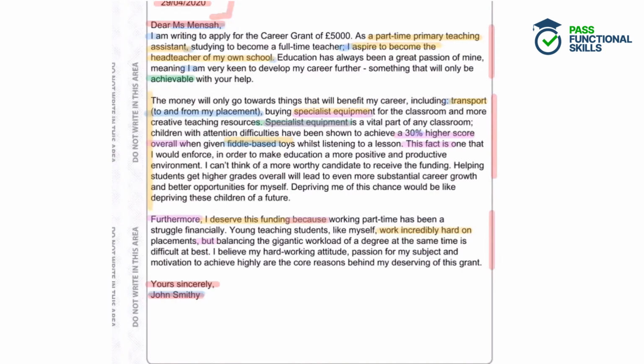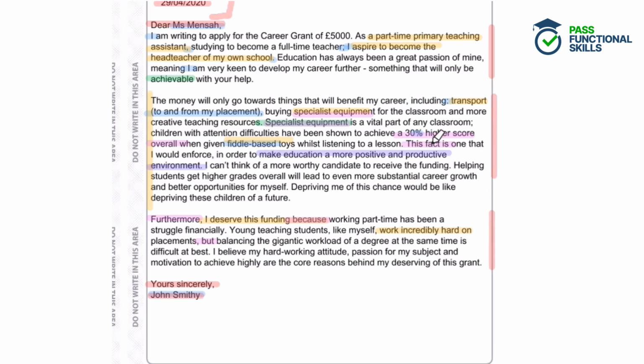We also need to think about the kind of language and register that we're using. So your writing has to have the right kind of tone and style to match the reader and the purpose. So in this answer, the language is quite formal. For example, we've got phrases like make education a more positive and productive environment.